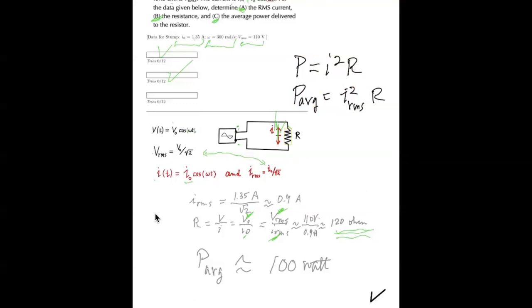Remember, power is I squared R. So the average power will be I RMS squared times R. And that's what goes in C. And as you see, I is about 1, R is about 120, so I squared R will be something like 100. And what's the unit? Watts, because it's a power.